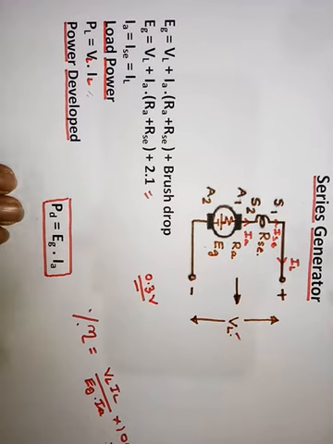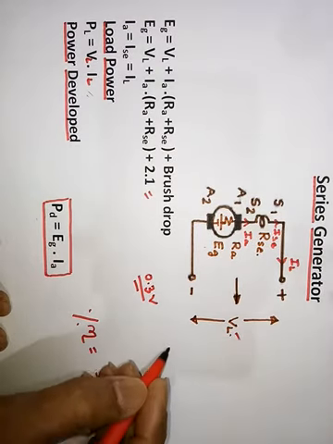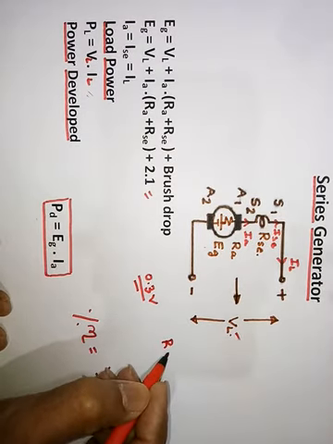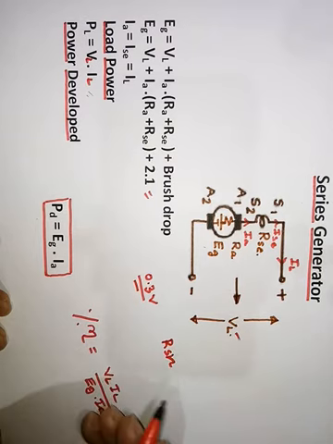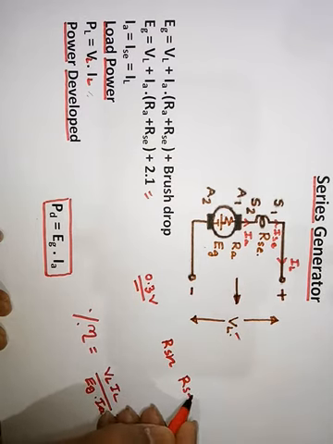Clear? In all the types of generators, we are using 3 different resistances. Which one? First resistance is RSH. ठीक? Second resistance is RSC. ठीक है?